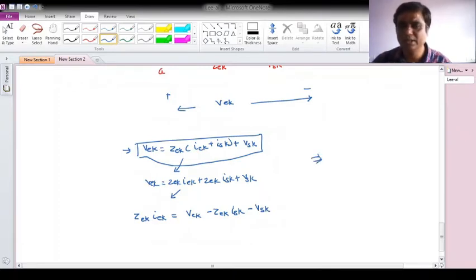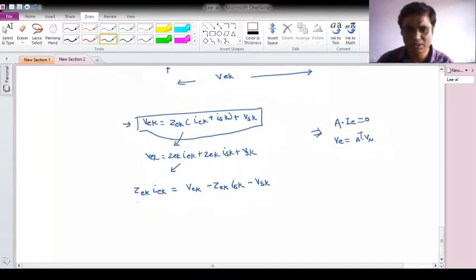Now I'll take help from this, that is A into I is equal to 0, and VE was A transpose into node voltages. Now let me write for I. I will divide by ZDK on both sides, so it will be 1 over ZDK.